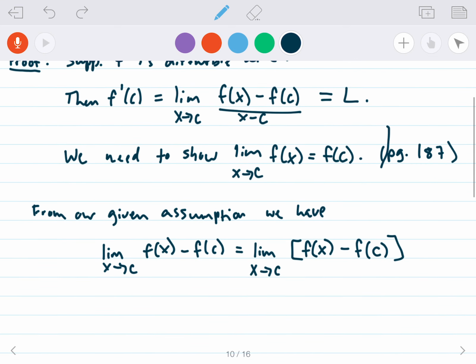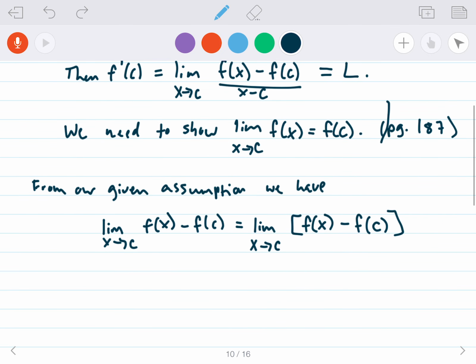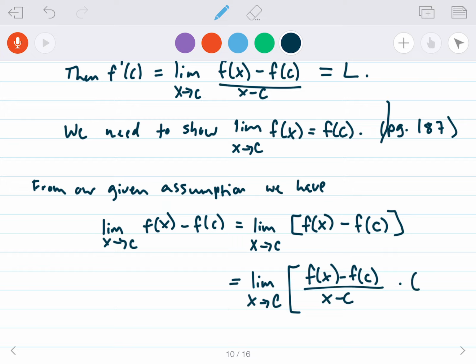All right, and then we do some trickery, right? This is the same thing as the limit as x goes to c of f of x minus f of c over x minus c times x minus c, right? Just writing f of x minus f of c in a sneaky kind of way here.